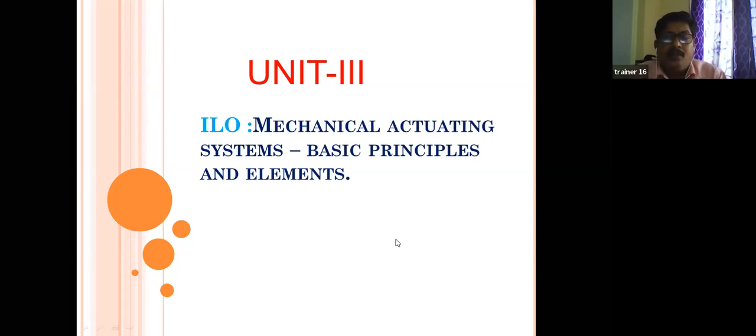Here the actuation system means it is applying a controlling action on a machine or an equipment or a device. That means in the ATM, if you type 1,000 rupees correctly, controlling happens inside the actuation, that means through some mechanisms. That is called a mechanical actuation system.